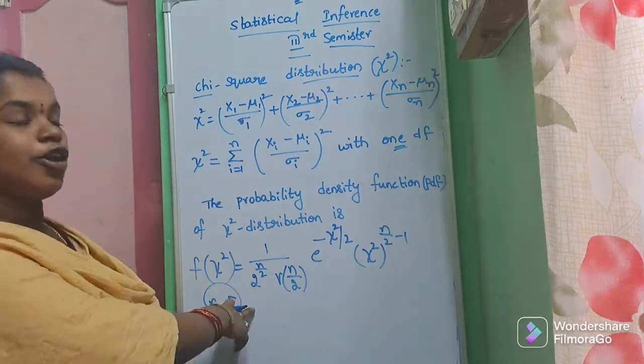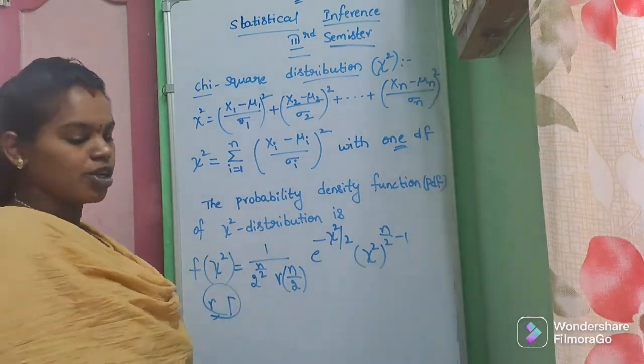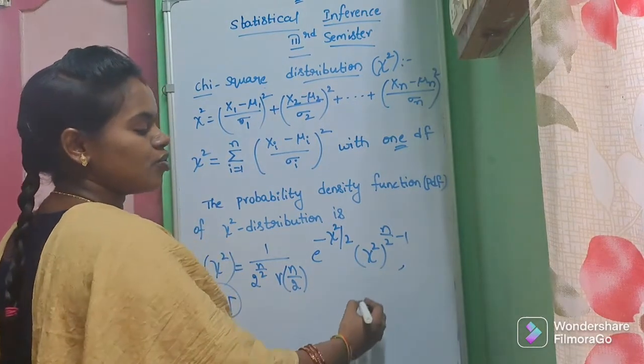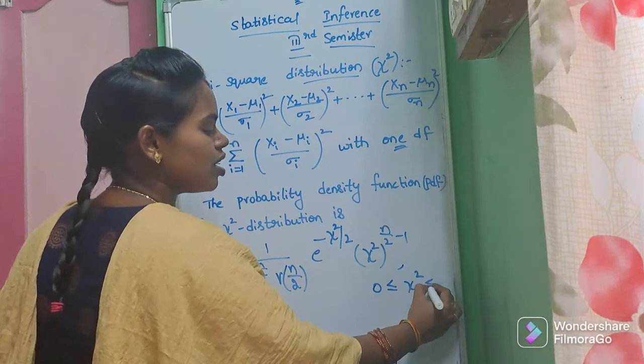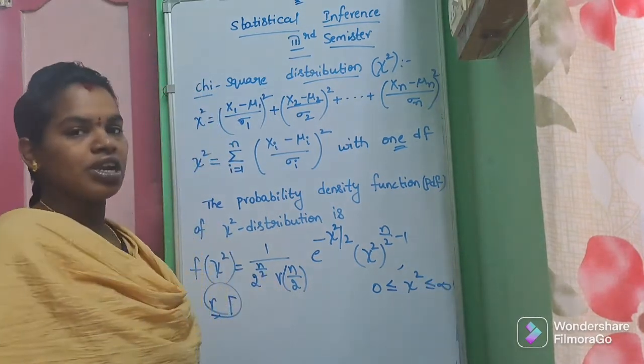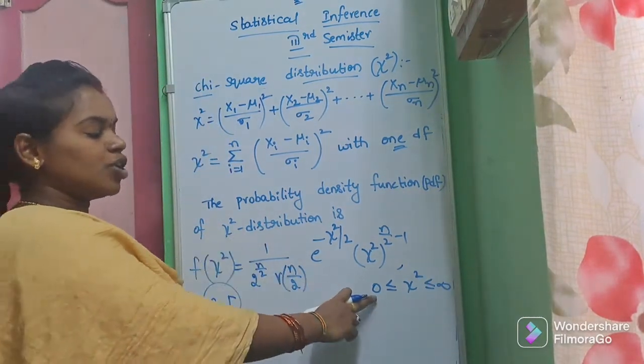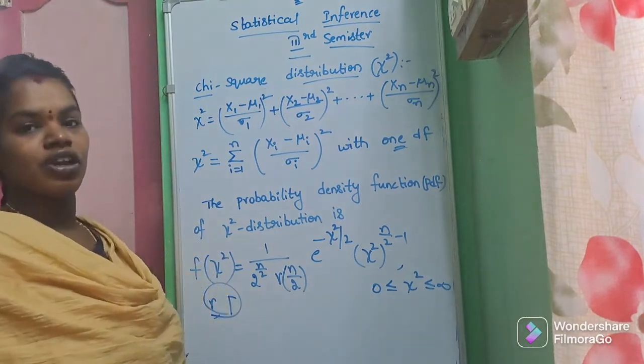This is our PDF of the chi-square distribution, and it follows the limits 0 less than or equal to chi-square less than or equal to infinity.